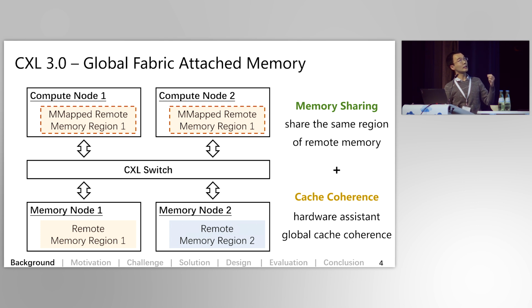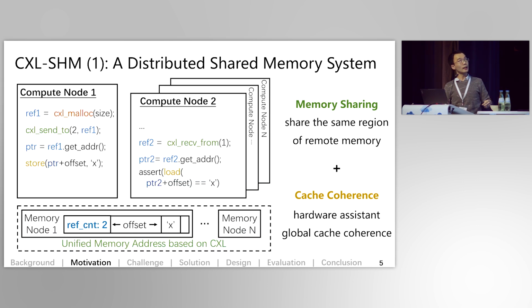The forthcoming 3.0 version of CXL promises to provide not only memory pooling, but also memory sharing, which means that the same remote memory region can be mapped to multiple machines, and the cache coherence of concurrent access from different machines can be automatically handled by the hardware. So it is easy to imagine that once the hardware is ready for production, we are able to build an efficient distributed shared memory on it.